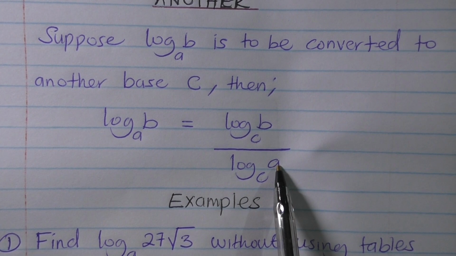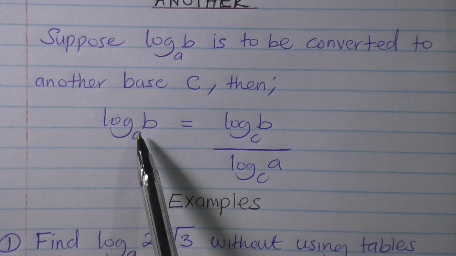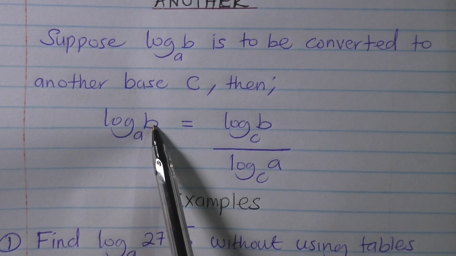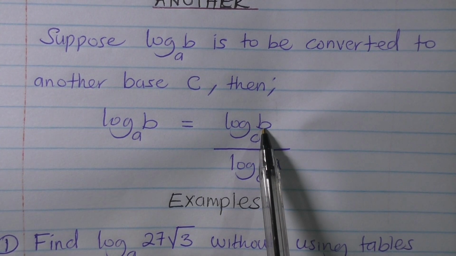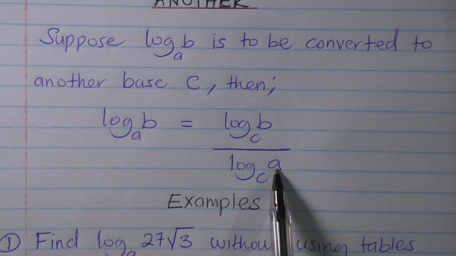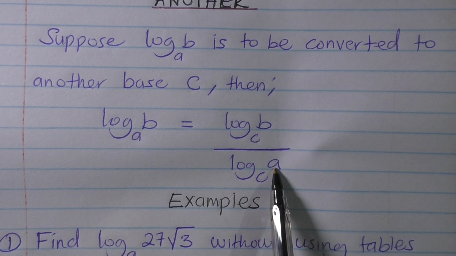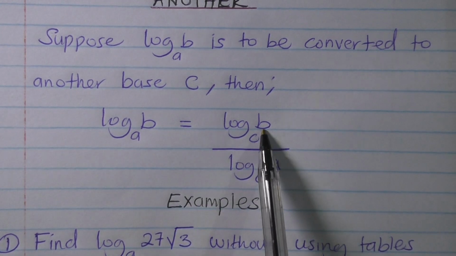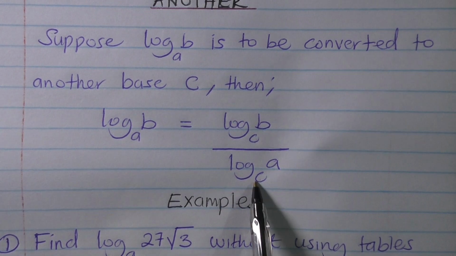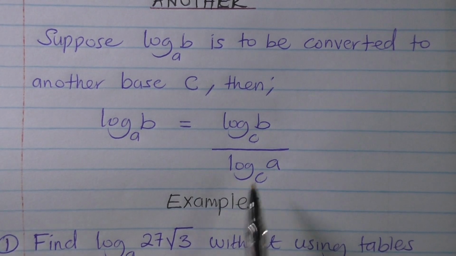As we introduce our new base, the power becomes the numerator, and the base is in the log comprising the denominator. This one is the power in the numerator, this one is the power in the denominator to our new base. That's the trick.